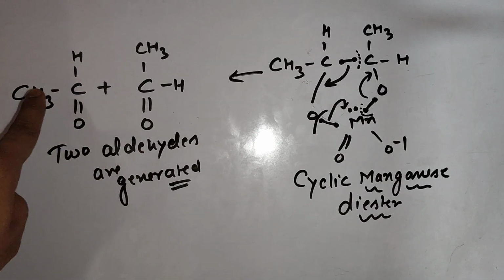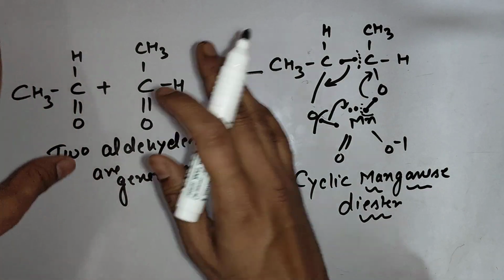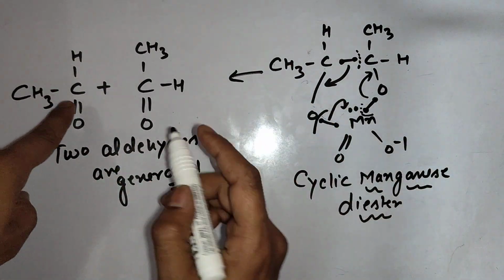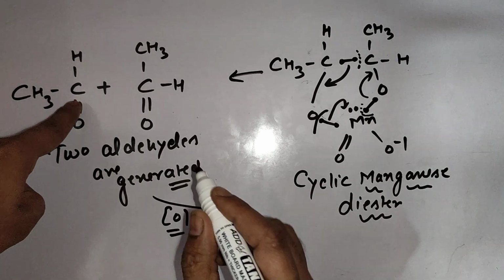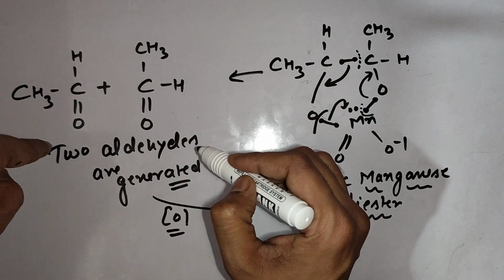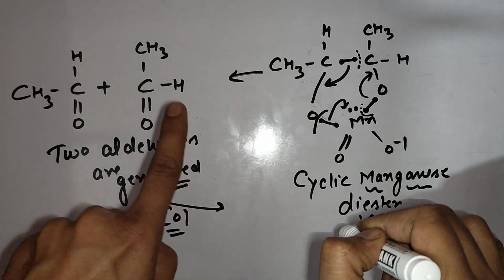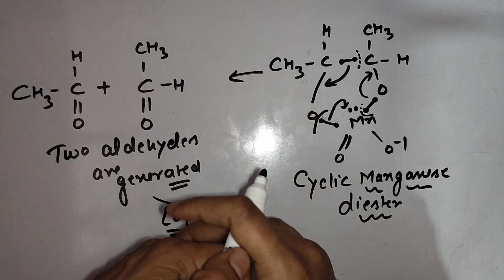Now what will happen with these aldehydes? We know these aldehydes can be further oxidized by KMnO4. So these aldehydes will be further oxidized by KMnO4, and you know when aldehydes are oxidized, they create carboxylic acids. The mechanism we know, we have already discussed it. Please check the previous videos. That's it. This is the end of the video.